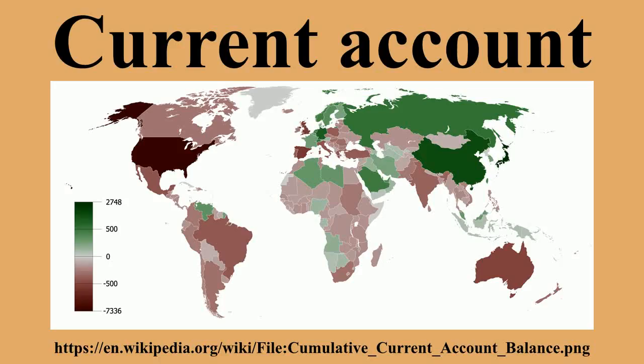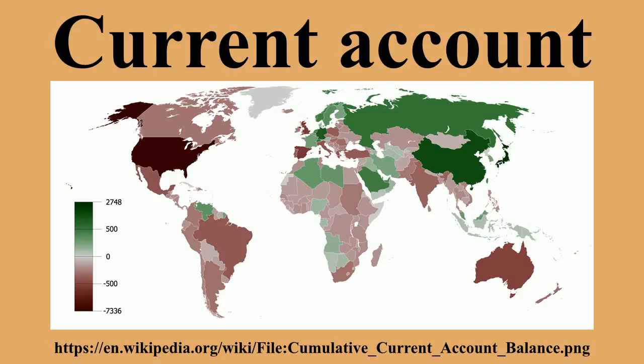Overview. A country's balance of trade is the net difference between the country's exports of goods and services and its imports of goods and services, ignoring all financial transfers, investments and other components over a given period of time. A country is said to have a trade surplus if its exports exceed its imports, and a trade deficit if its imports exceed its exports.